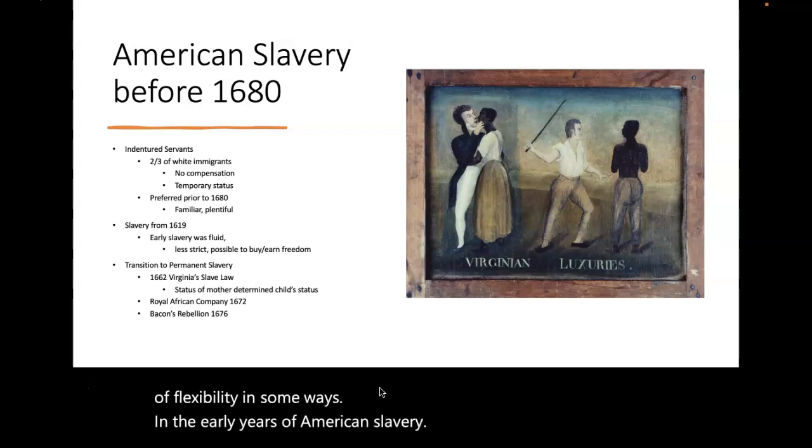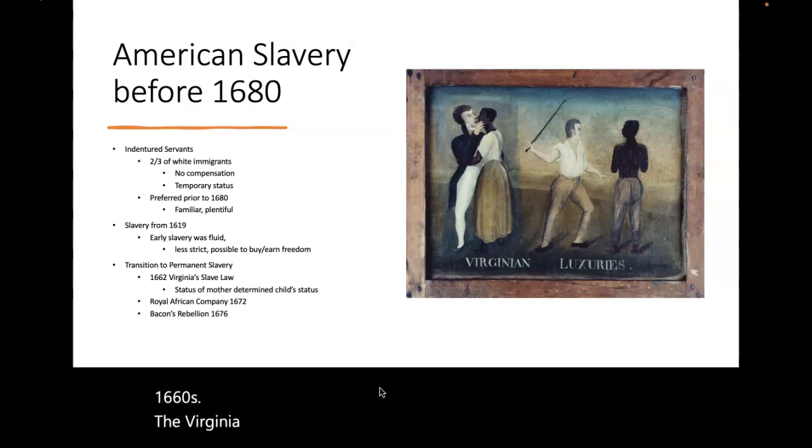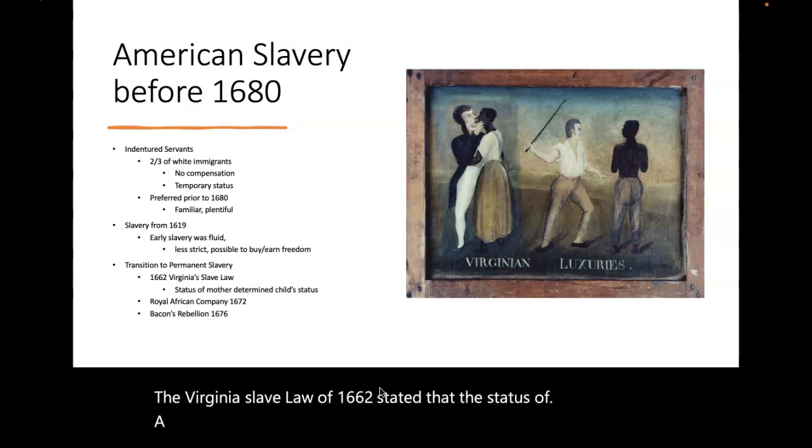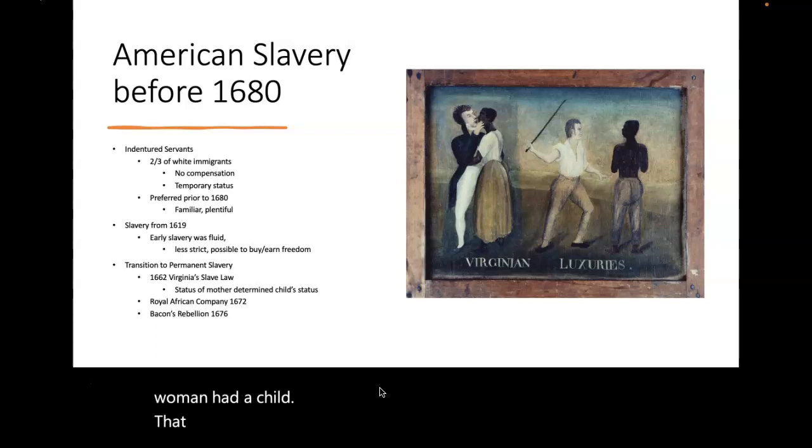The transition to permanent slavery happened starting really in the 1660s. The Virginia Slave Law of 1662 stated that the status of a mother determined the status of a child. So therefore, if an enslaved woman had a child, that child would inherit the enslaved status of their mother.